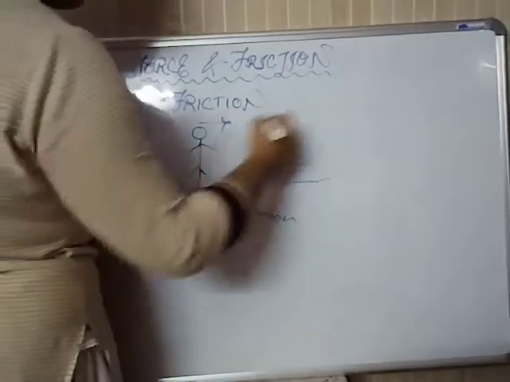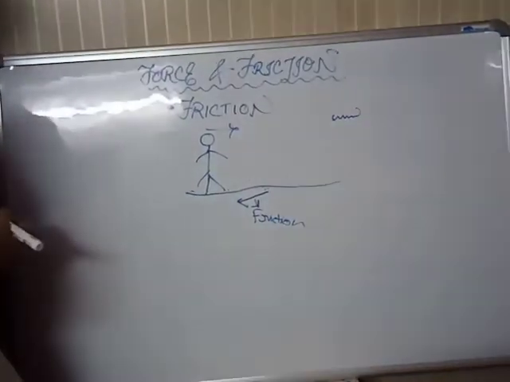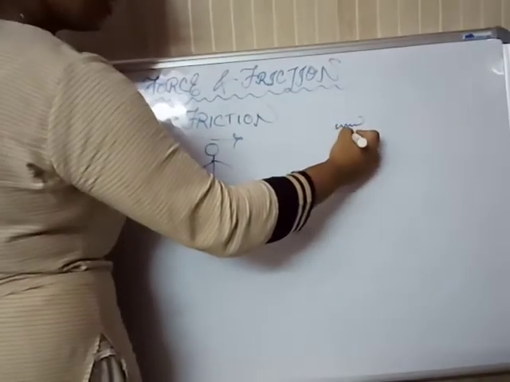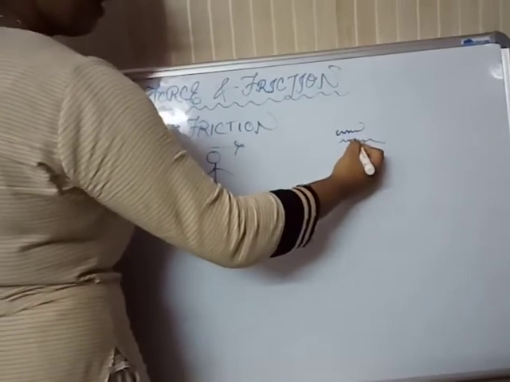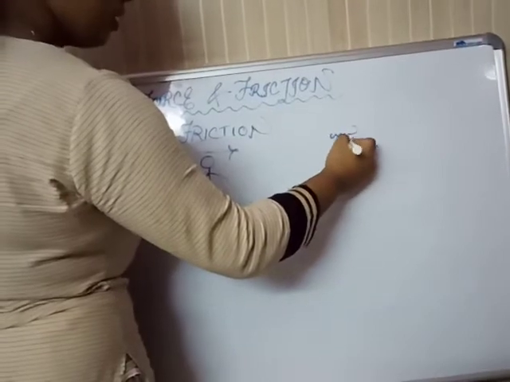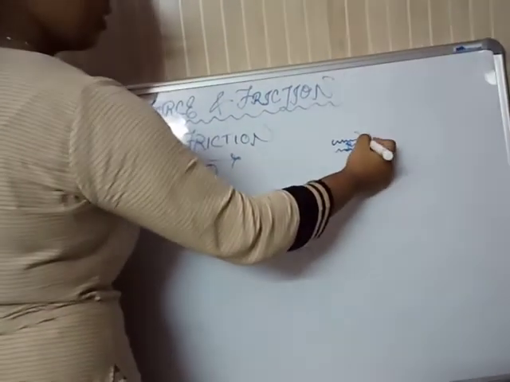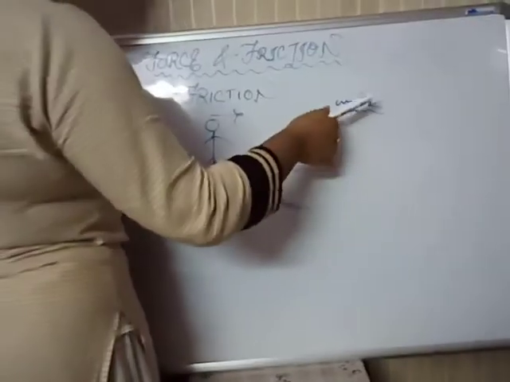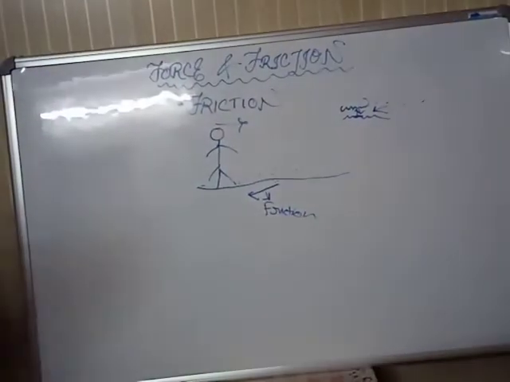Suppose the shoe of the man has this type of ridges. The road also has this type of ridges. When the foot of the man and the road come in contact, these ridges get attached. This produces the friction, and due to this, the man can move on the road smoothly.